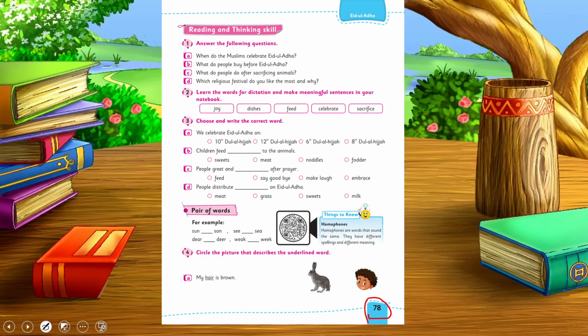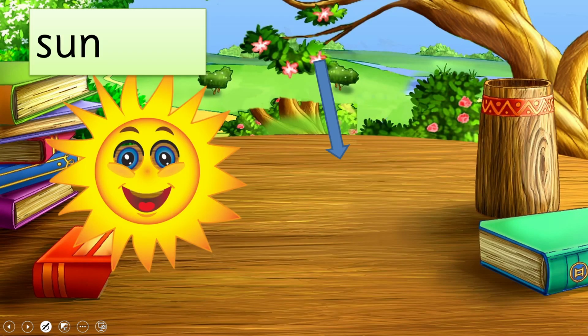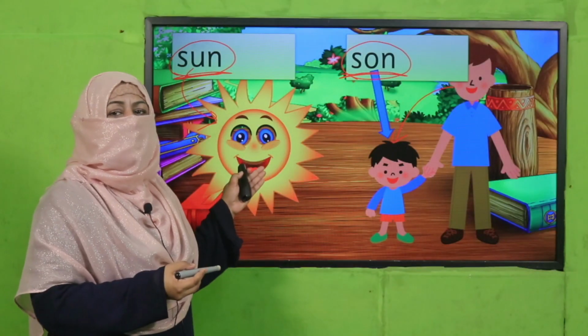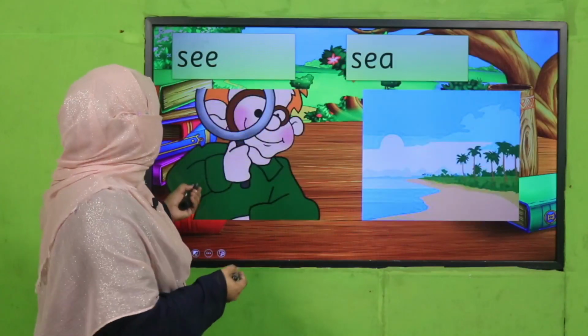Let's see, what does your book say about it? All of you, open your book on page number 78. The examples given here are son and sun. We know it's son, a father and his son. Now these two words are different, their spellings are different, but they are pronounced in the same way. That's why they are known as homophones.